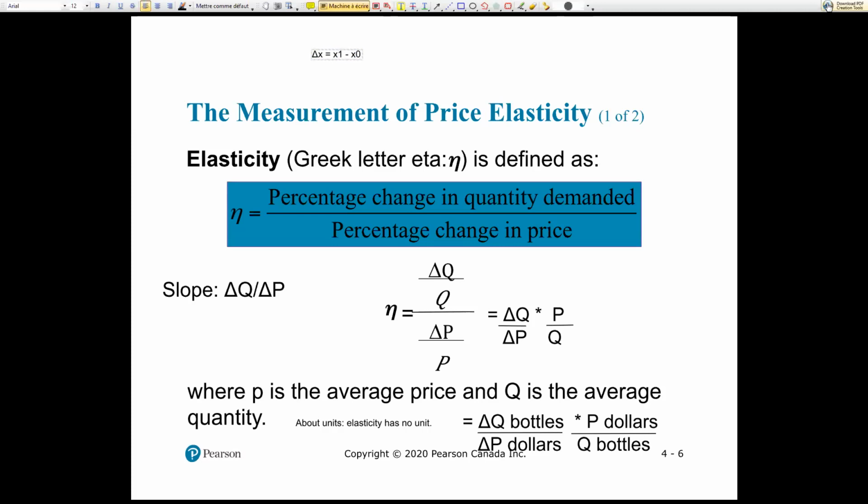So delta x means the change of x. Here I have the change of q, so q after minus q start, and here the change of p, p after minus p start. Since there is an inverse correlation between the quantity that people are going to buy and the price, the elasticity is always negative.